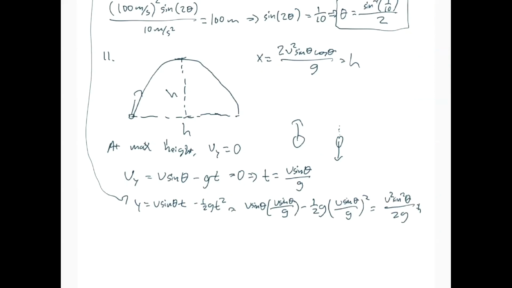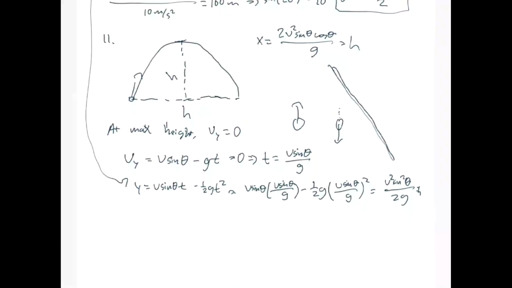So what does this tell us? These things are both equal to h, so they must be equal to each other. So we know that 2v squared sine theta cosine theta over g equals v squared sine squared theta over 2g.